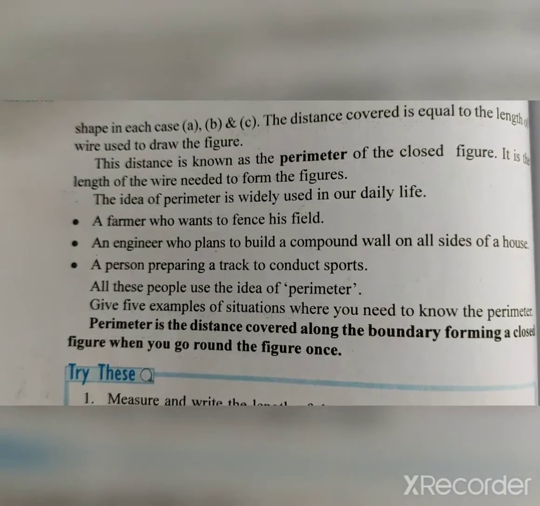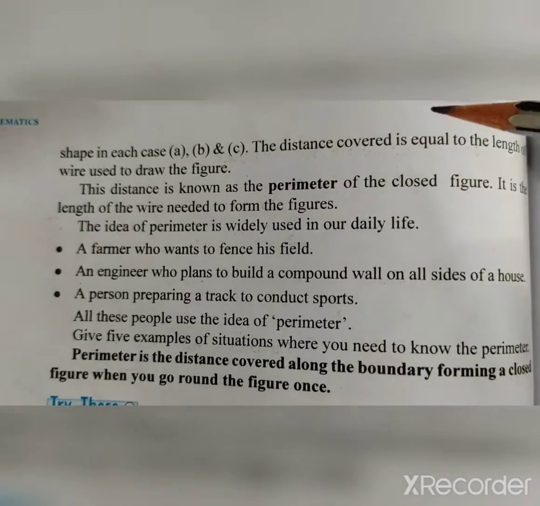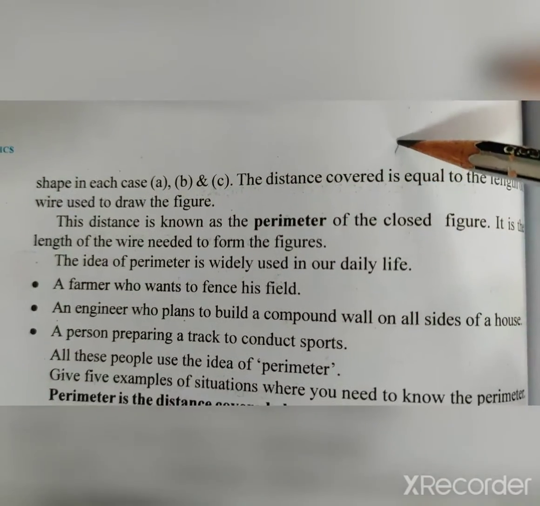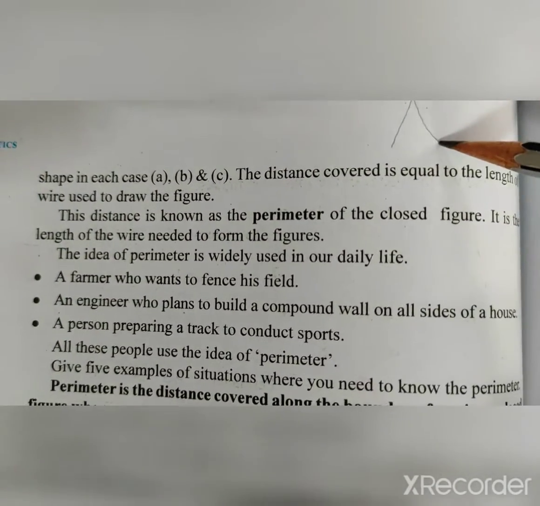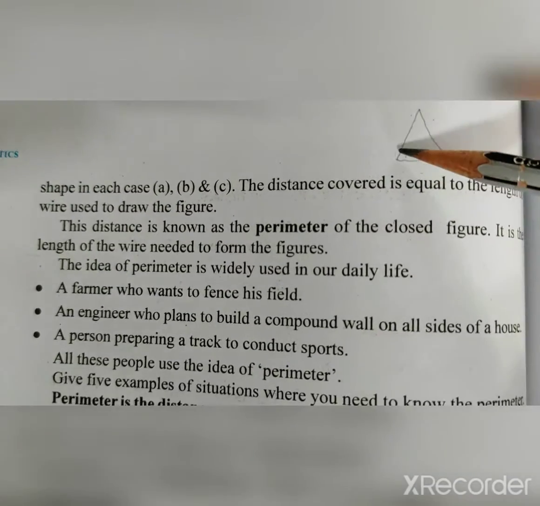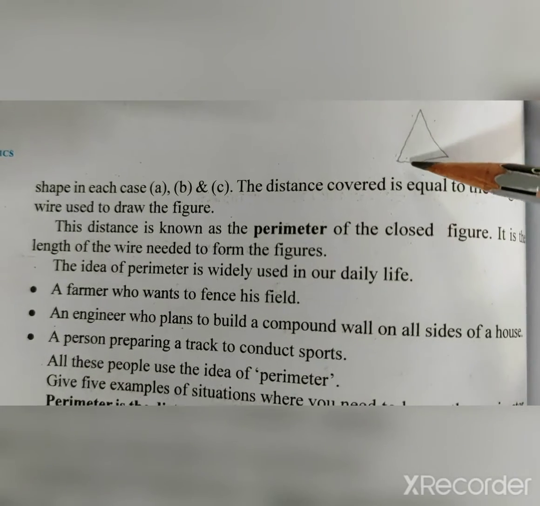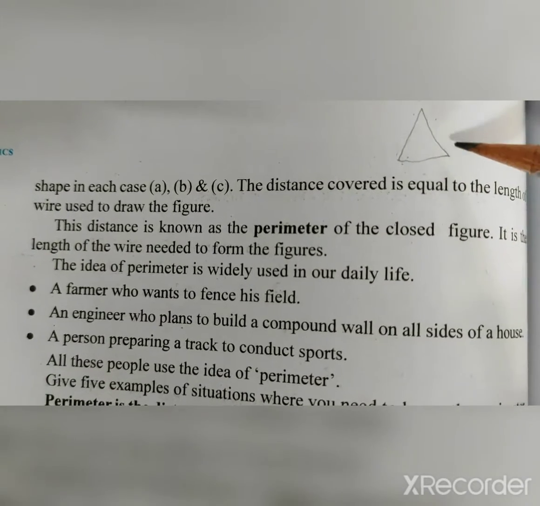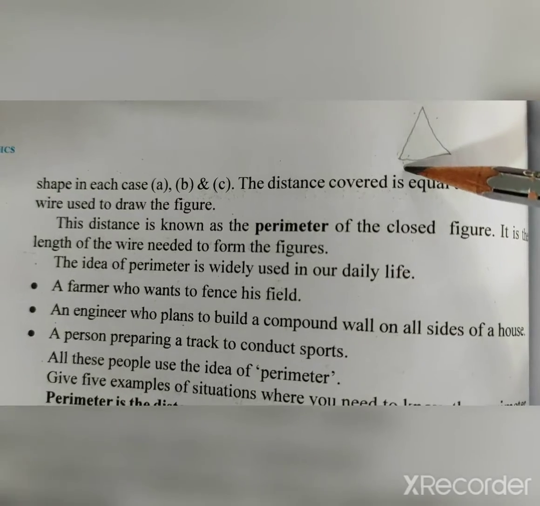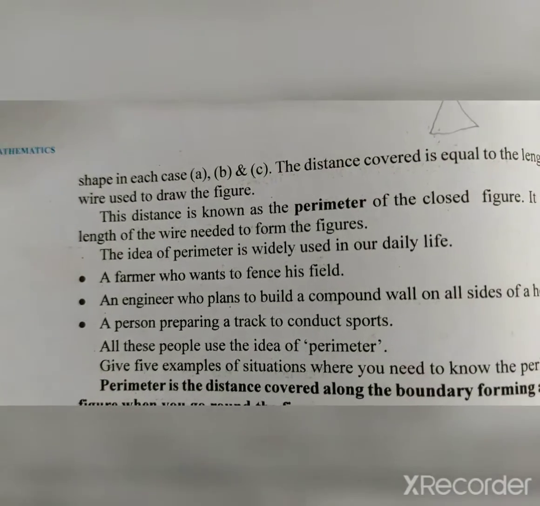Triangle is a closed figure. When we start to draw the figure, again we will reach the same point. Okay, so it is a closed figure. So if we are measuring the outer boundary of this triangle, it is called the perimeter of the triangle.